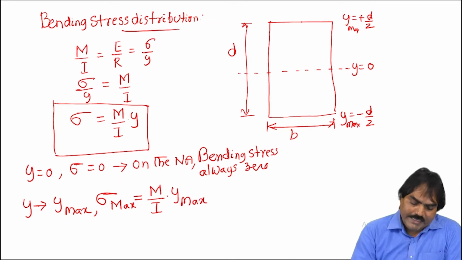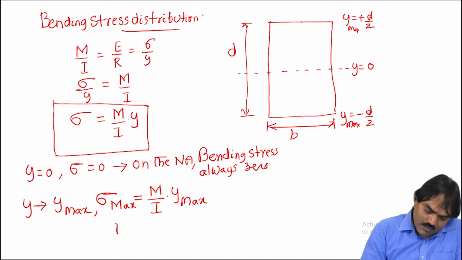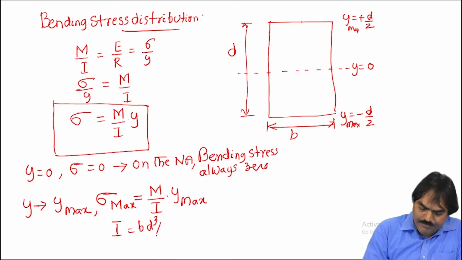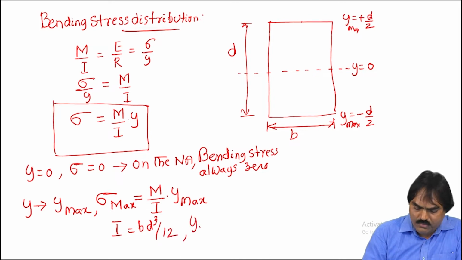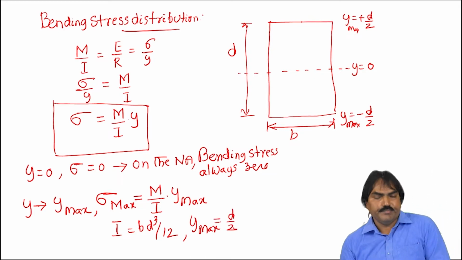For a rectangular section, we know that the moment of inertia is given by B d cube by 12 and y max is given by d by 2.